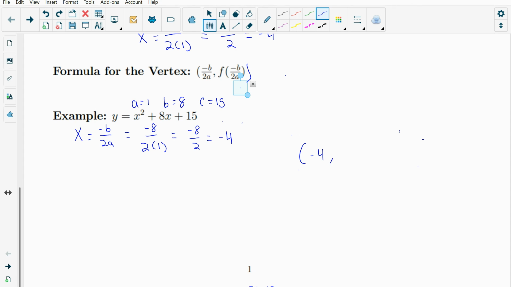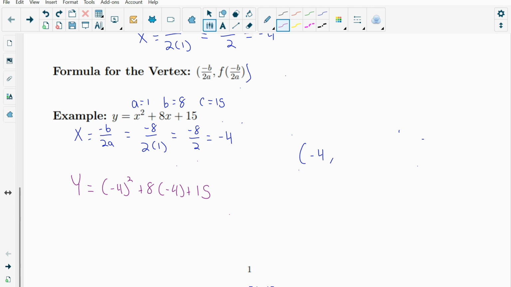So now I'm going to take negative 4, and I'm going to substitute that in for x in my original quadratic. That would give me y equals negative 4 squared plus 8 times negative 4 plus 15.